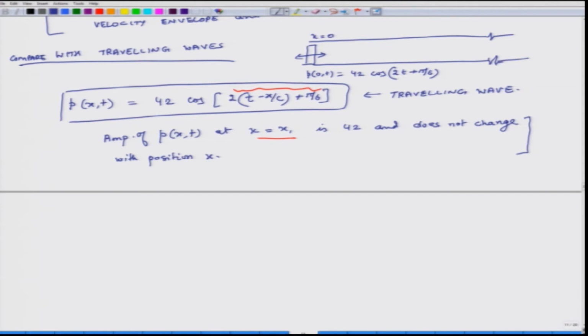So, what we have seen is that we have developed expressions for pressure and we have developed expressions for velocity. So, now I define a new term, impedance. Okay. And there are several types of impedances. The first one is specific acoustic impedance.